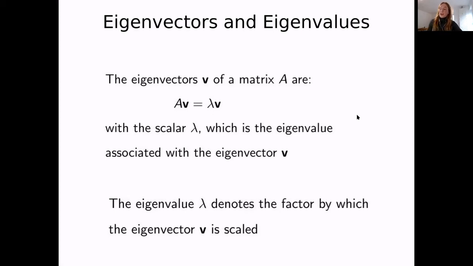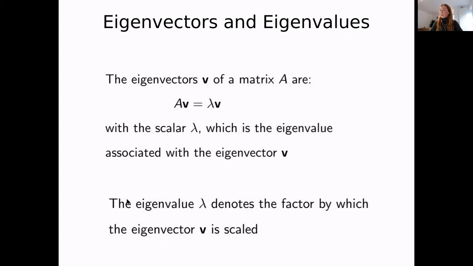Which is kind of nice because apparently the matrix does not rotate our vector in space. It just scales it with this eigenvalue called lambda. So when lambda is a real number, it's just stretched in the direction it already points, but it's not going to be a completely new state.